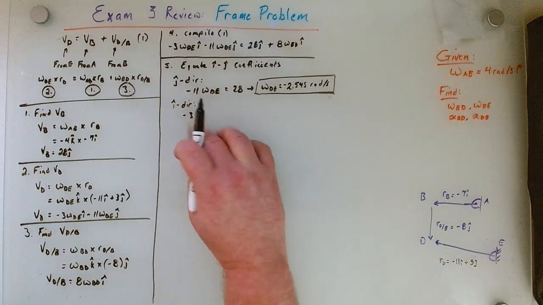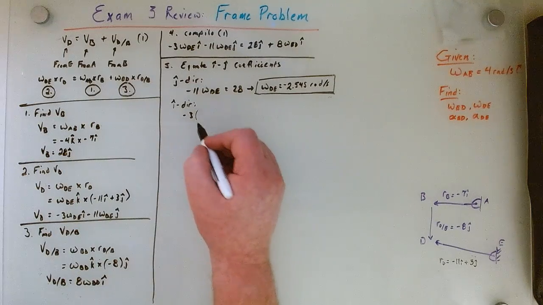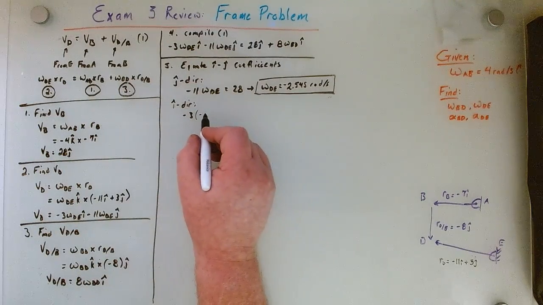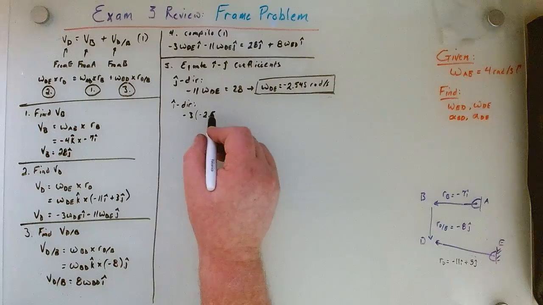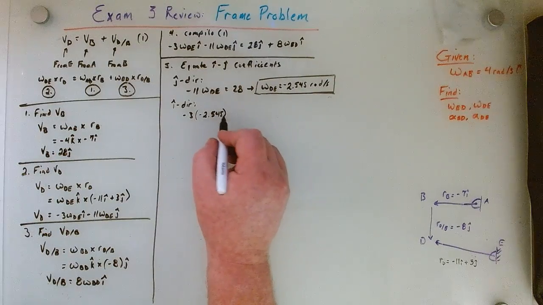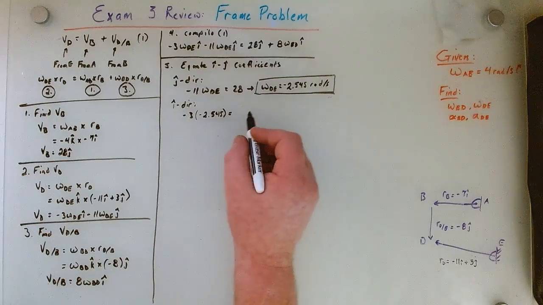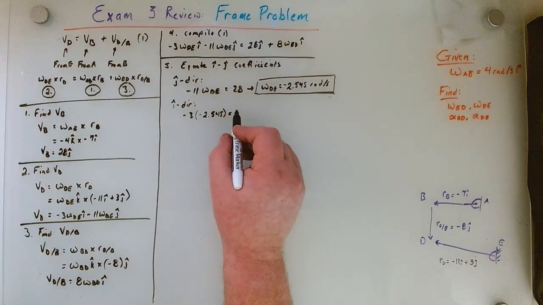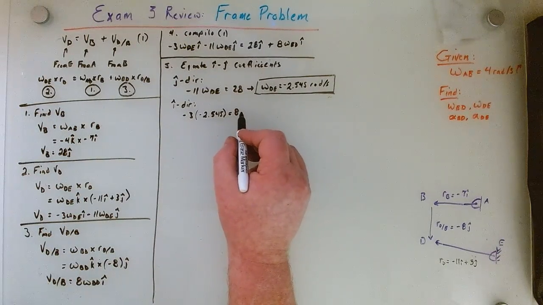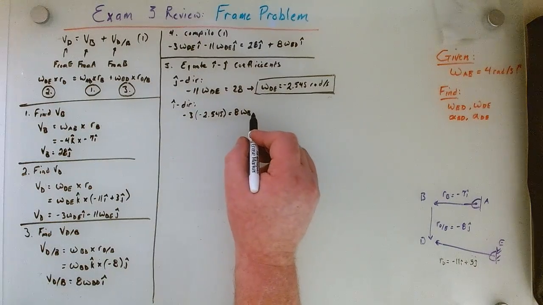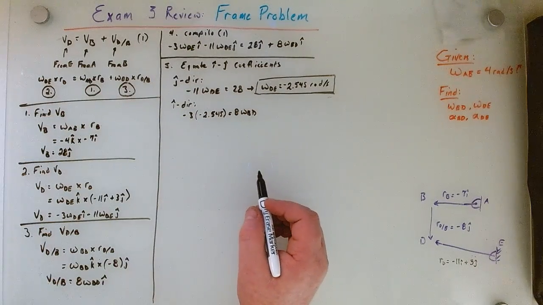Well, we know what that is now. That is minus 2.545, and that's going to be equal to omega BD.